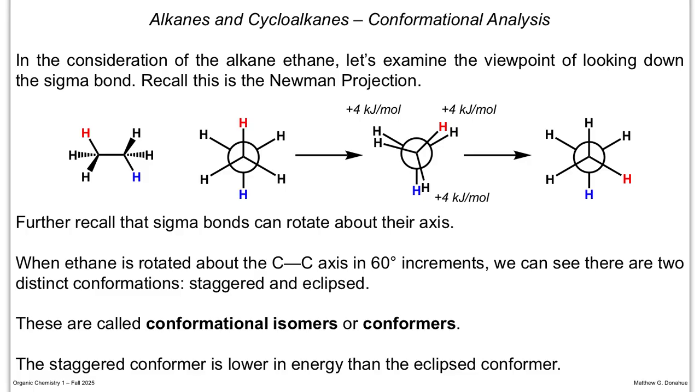But what happens when you change one of these red or blue ones out? You start making carbons. Now you have different eclipsing interactions that are higher energy penalties. And so you'll see that from staggered versus eclipse. Notice the red and blue.